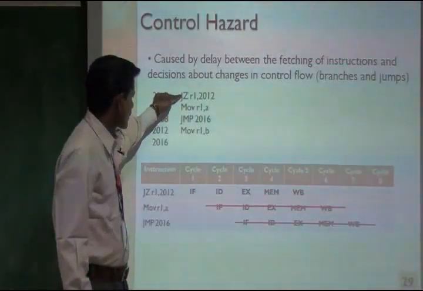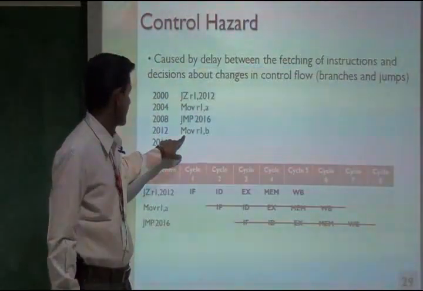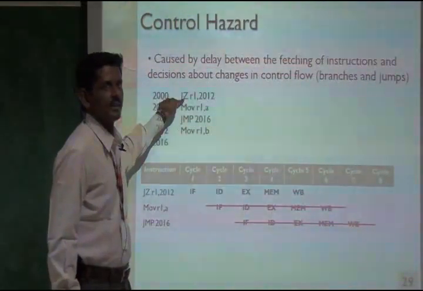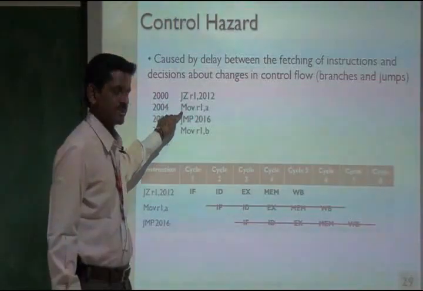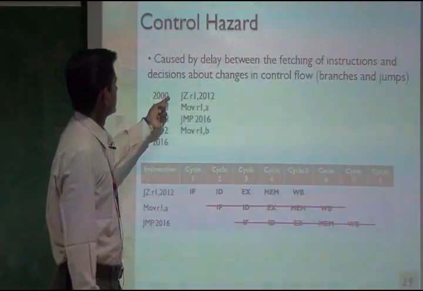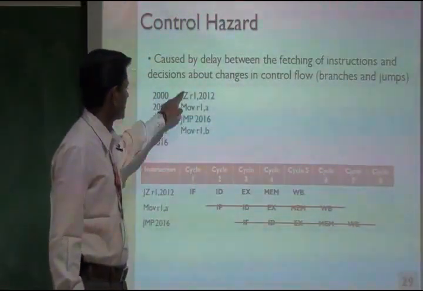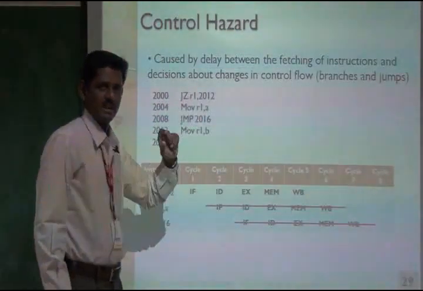If this condition is true, it is going to execute instruction 4. If the condition fails, it may execute instruction 2. So based on the condition, whether it is true, it may take this. If it is false, it may go for this.